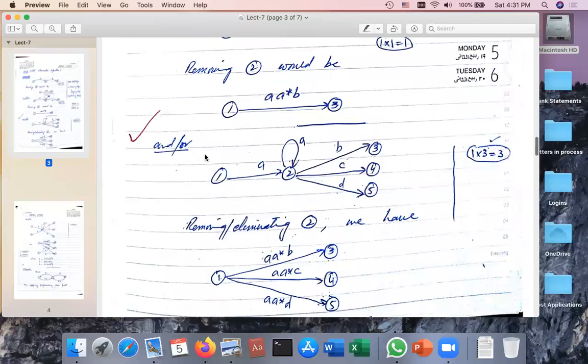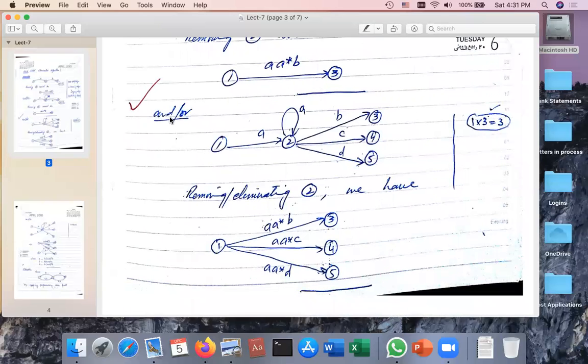Now another case. Here in this case, I mentioned "and/or". If you have another state 2 with a loop, and you have multiple edges going toward different states, and now if you remove 2, then what is the in degree? 1, outer degree is 3. So 1 cross 3 is 3.